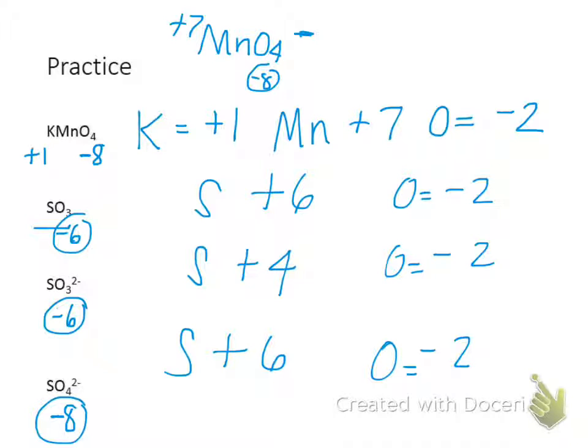And then on number 10, zinc, Zn3P2, zinc individually is going to be a +2, so that'll help you figure out what phosphorus is. But honestly, if it's an ionic compound, their oxidation states are going to be the same as their charges were.